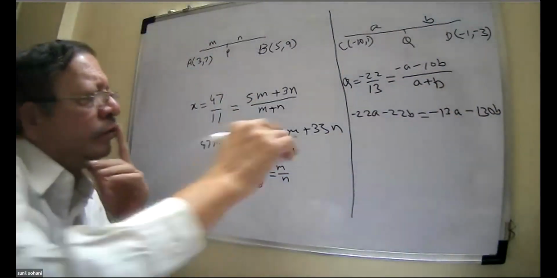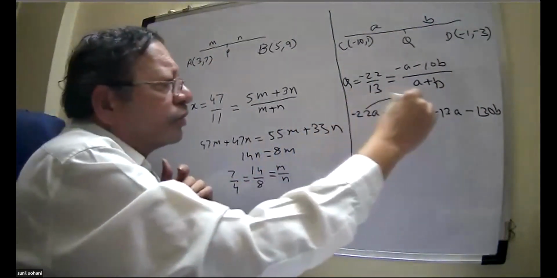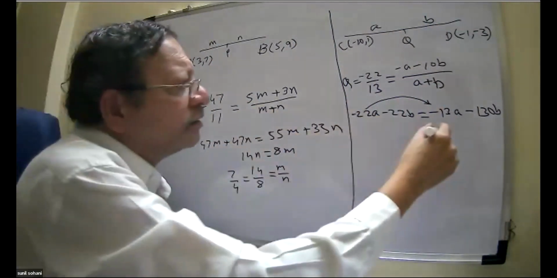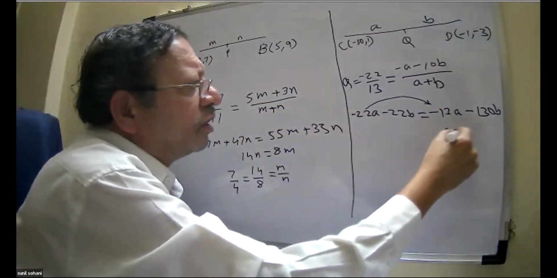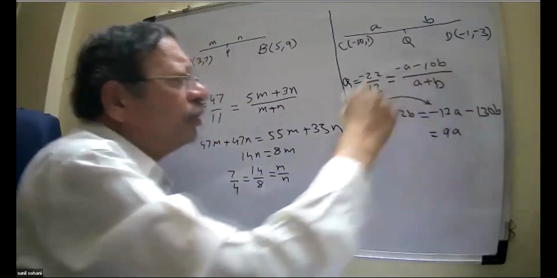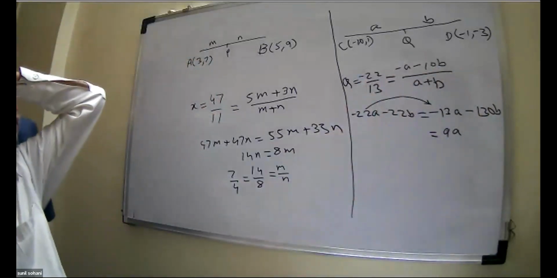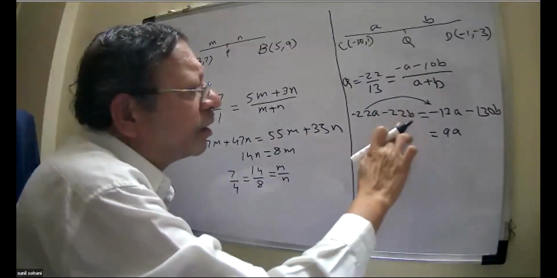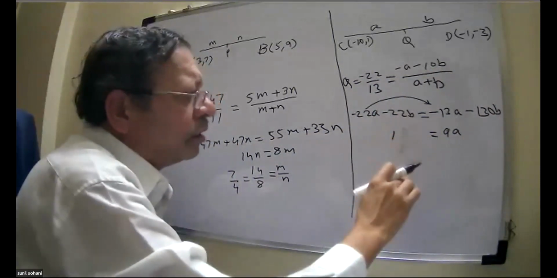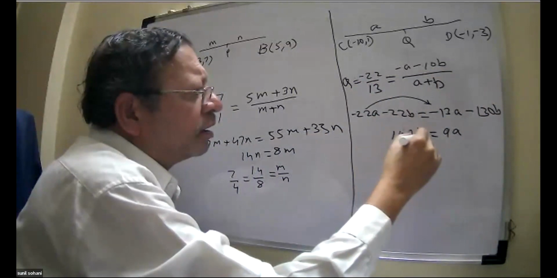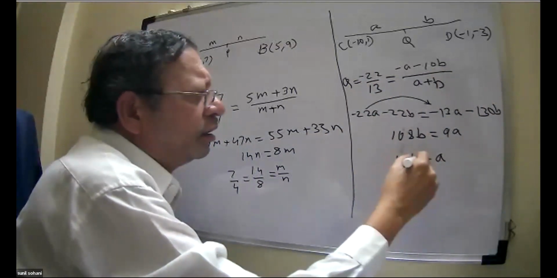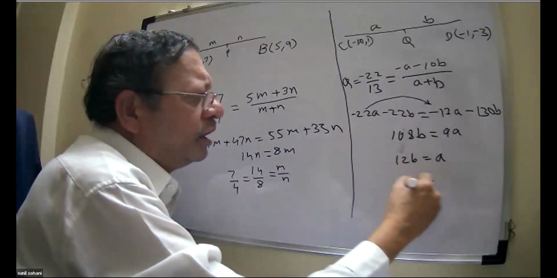So 22A negative, I will transfer to the right: 22 minus 13 is 9A, and transferring 130 to the left, 130 minus 22 is 108B. So A equals 12B. So A is to B is 12.